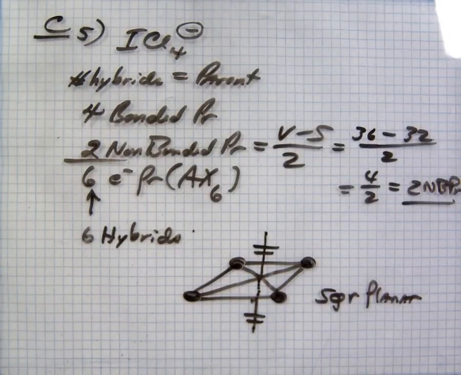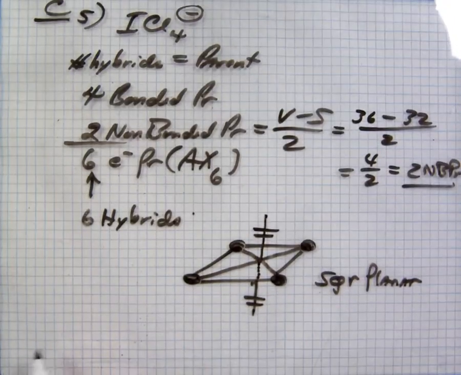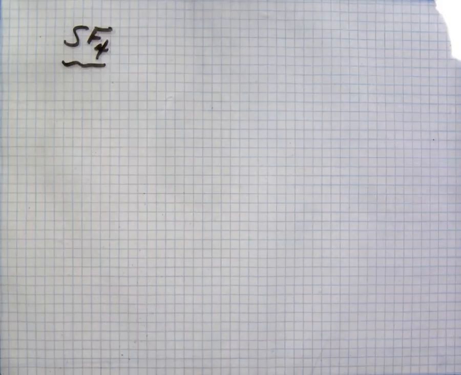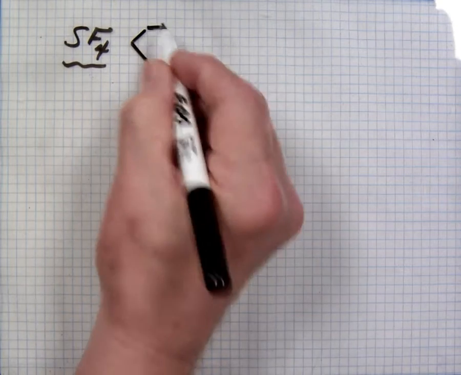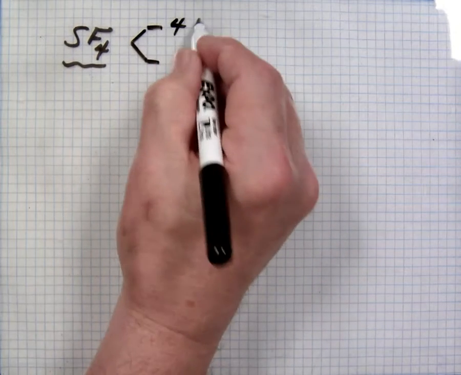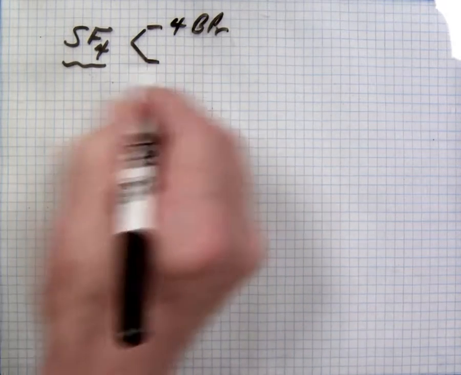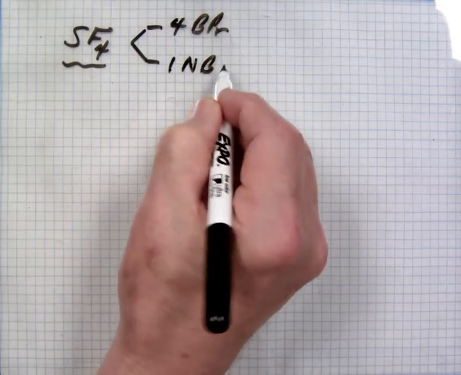Just to review this now, if you have something of the nature, here is a structure, and what we want to do is find out how many pairs are associated with it. Well, I can tell you, and you can figure this also, is 4 bonded pairs and 1 non-bonded pair.